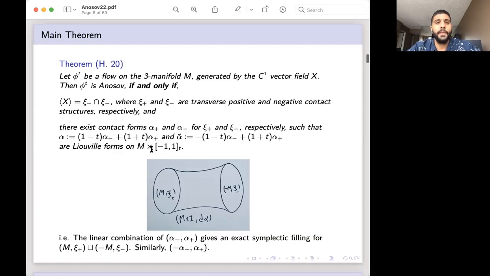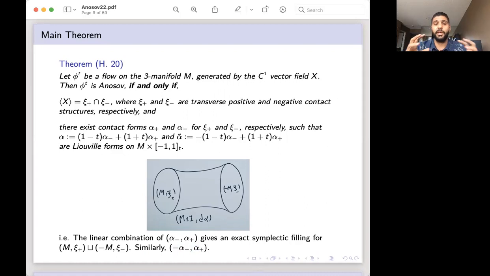That means that both alpha minus, alpha plus as well as minus alpha minus and alpha plus in this situation are giving exact symplectic fillings for this disconnected manifold M, C plus union minus M, C minus.